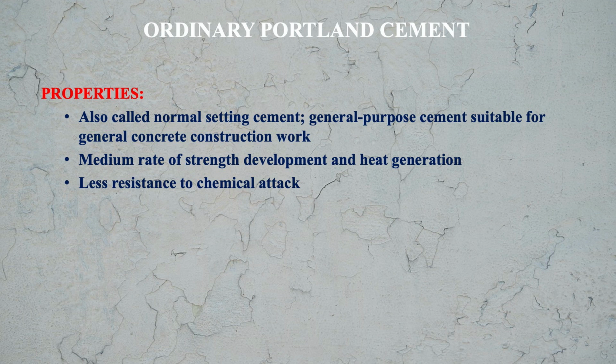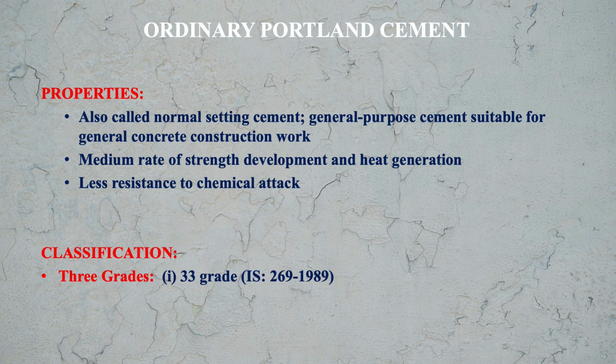Now, how is this ordinary Portland cement classified? Ordinary Portland cement is classified into different grades. As per IS codes, there are 3 grades of OPC. First is 33 grade cement, as per the specifications of IS 269:1989. Next is 43 grade cement.